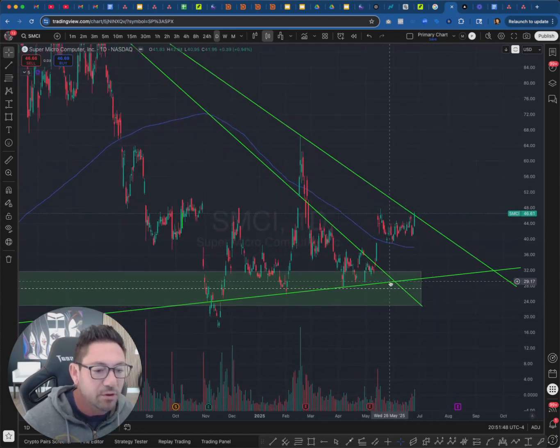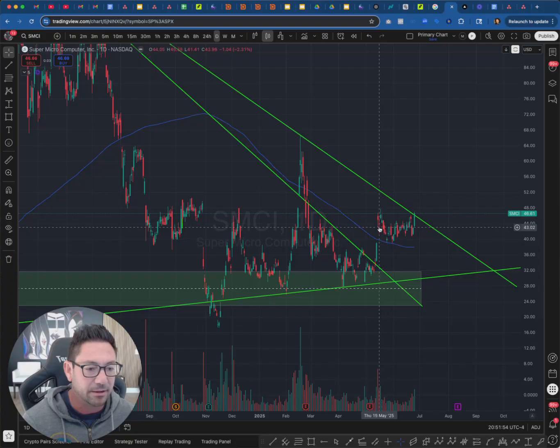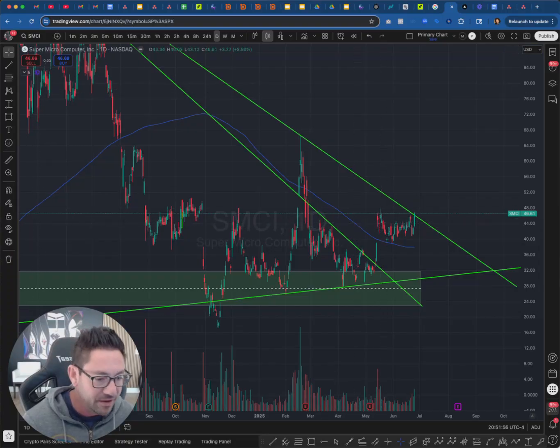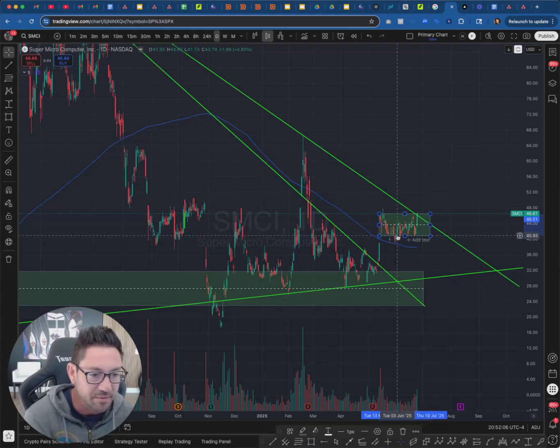So this is super interesting, right? What do we have here? Guys, look at this. This is a bull flag, and what we have is this consolidation zone here. You could take it here, you could draw it here. I'm going to use it here simply because of the touch points.